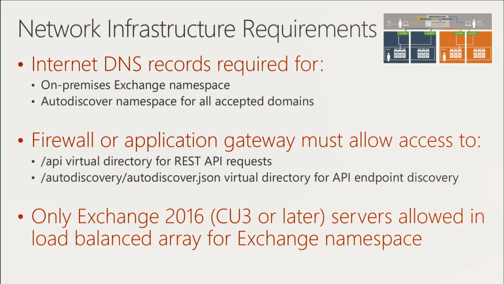And so a requirement we have is that the servers in the load balanced array, servicing your client Exchange namespace, have to be 2016 CU3 or later, because they are the ones which are aware of the REST API and therefore know how to route this request to the right mailbox server.